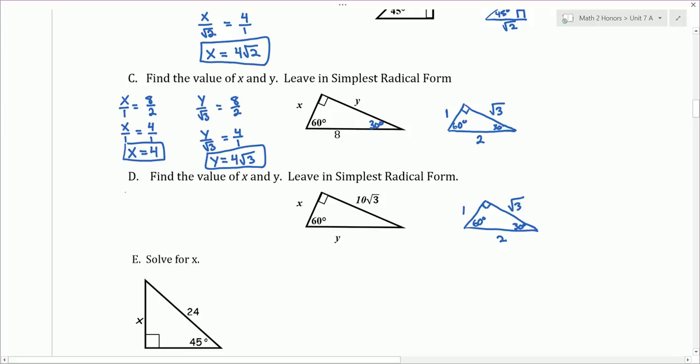And to solve for x, I'm going to write the proportion x over 1 is equal to 10 root 3 over root 3. So the root 3's cancel out, and you end up with x is equal to 10.